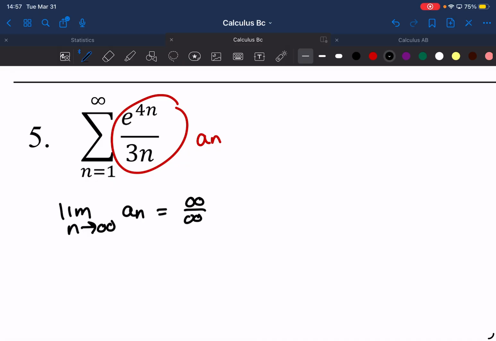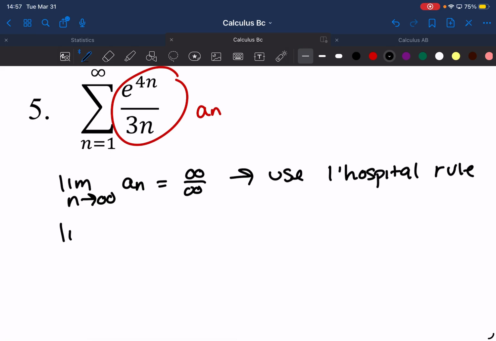Okay, that should look familiar, which means we have to use what rule? Yes, L'Hopital's rule. And what does that rule state? We can take the derivative of the numerator and the denominator and then do the limit as n approaches infinity again. So doing that, we have the limit as n approaches infinity.